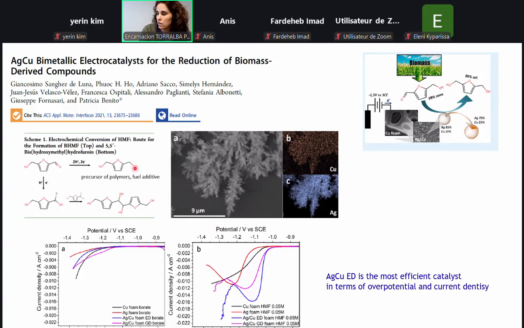And for that, they are trying several catalysts. Here is copper foam, copper dendrites, and in these copper dendrites, I think they have electrodeposited copper and silver.